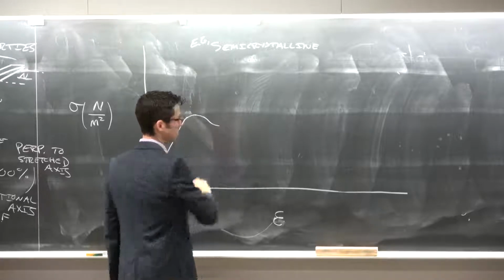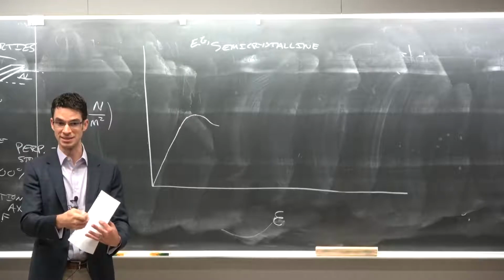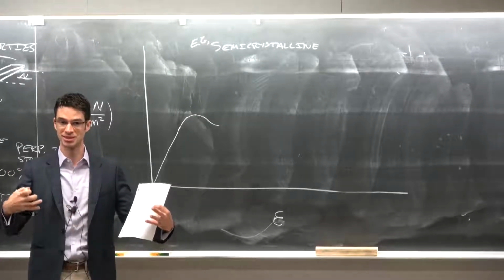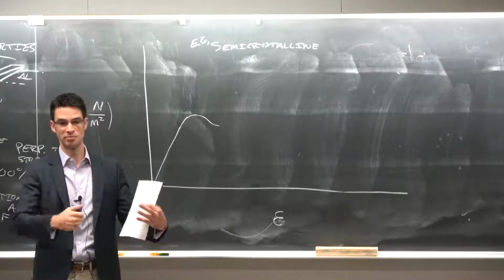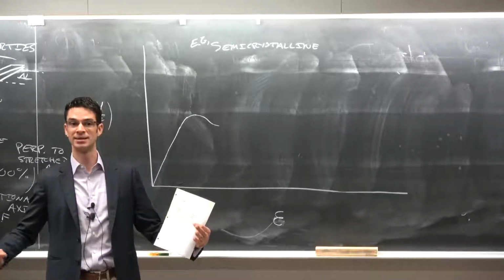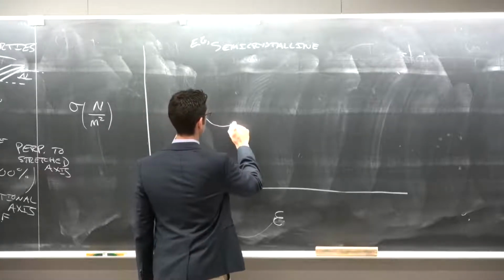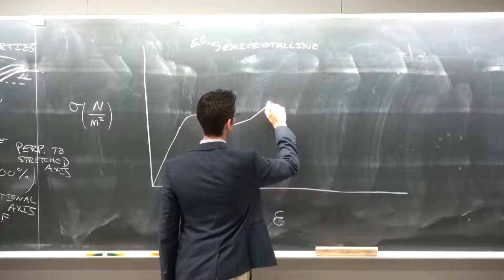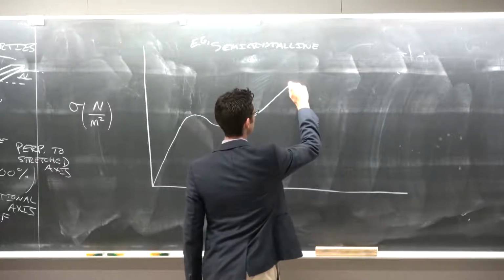But then as the polymer chains start to realign, because we're stretching it more, we've destroyed the crystallites, but now we're actually producing new crystallites, and now the polymer chain axes are going to be parallel to the axis of strain, which is going to strengthen the material. So the polymer chains are increasingly aligned with the axis of strain.